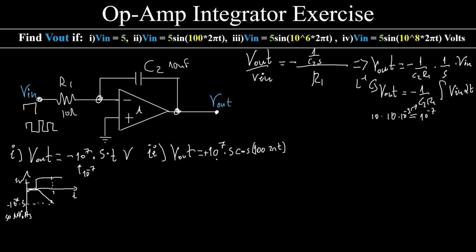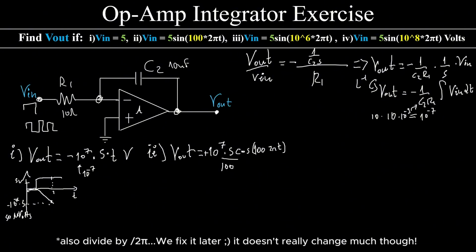And all of this will be divided by 100. So we see now that our output is nothing but a cosine, so it is essentially a sine with an angular delay. It's going to have a value of 10 to the power of 5 times 5, the cosine that we found.